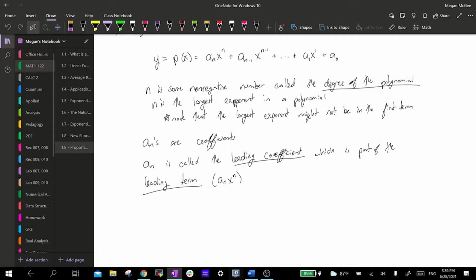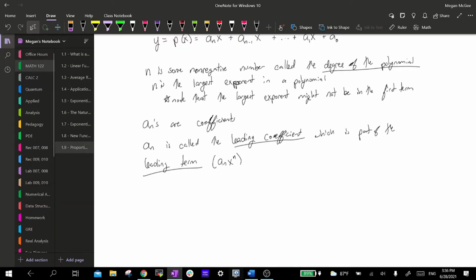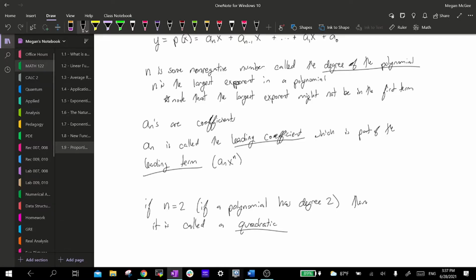polynomial. Alright, and then we have a special word for polynomials of degree 2. So if n is equal to 2, I'll also say if a polynomial has degree 2, then it is called a quadratic. And basically, because we have a special name for it, it means we're going to see a lot of it.